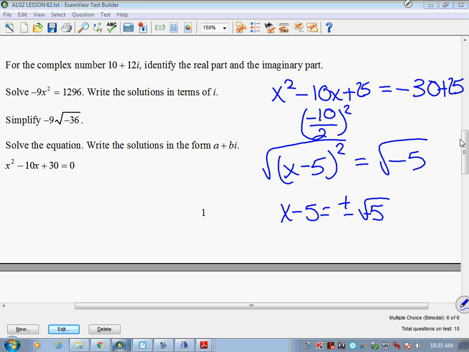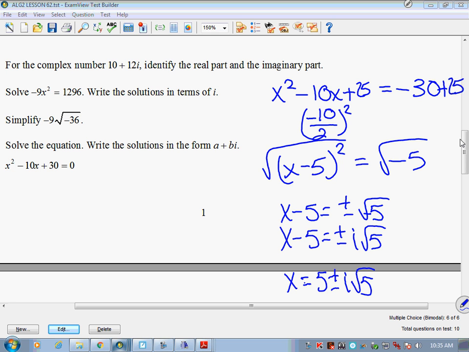The negative, and the negative becomes an i. I take out the i. x minus 5 equals plus or minus i radical 5. What do I want to do with the 5 on the left-hand side? Okay, x equals what? 5 plus or minus i radical 5.